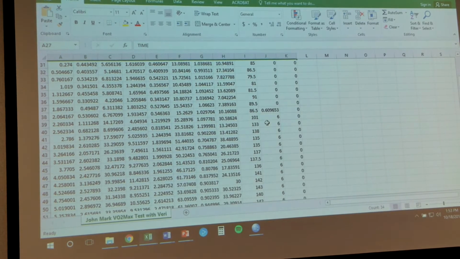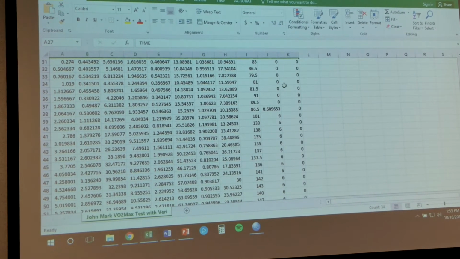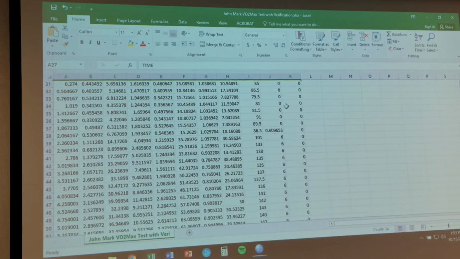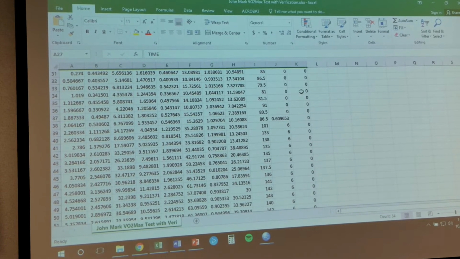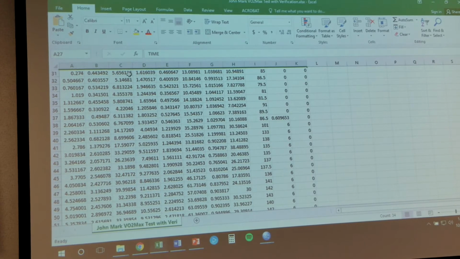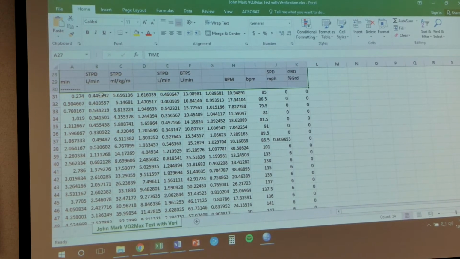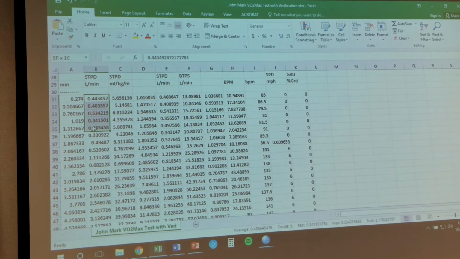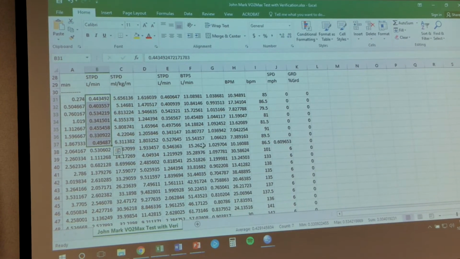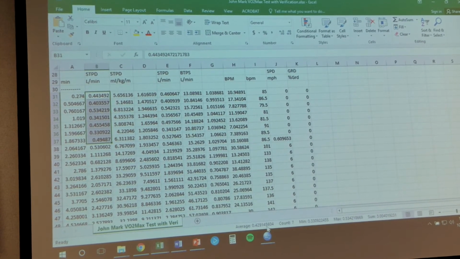By these columns, you can tell where the resting period is. If everything is 0 over here, that means that's the rest period. When you want to find your resting values, you want to get the average of that. So average VO2 during rest, you want to use this right here, get your average. That's going to be down here.